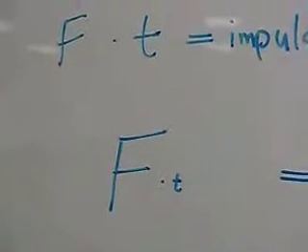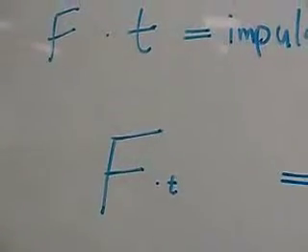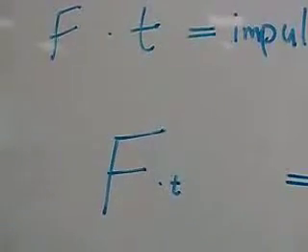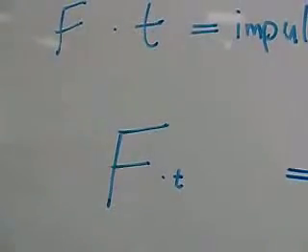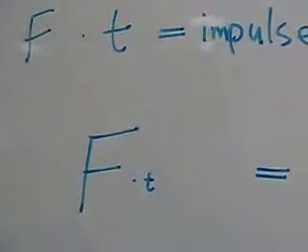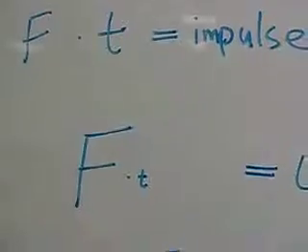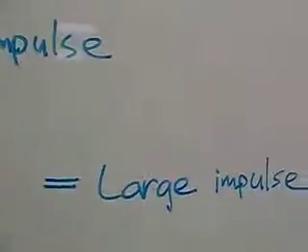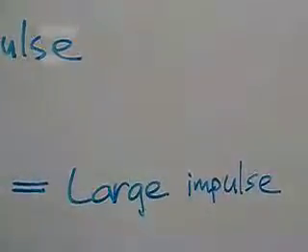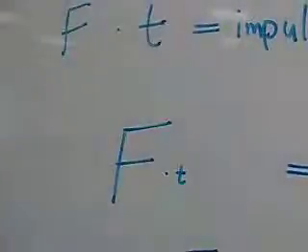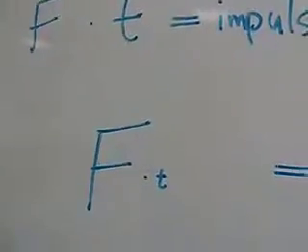This is the case, for example, with a baseball bat and a baseball, or a golf club. A golf club is in contact with the ball over just a very small fraction of a second, yet the impulse given to the golf ball is very, very large, because the force by which the ball was struck was a large force.